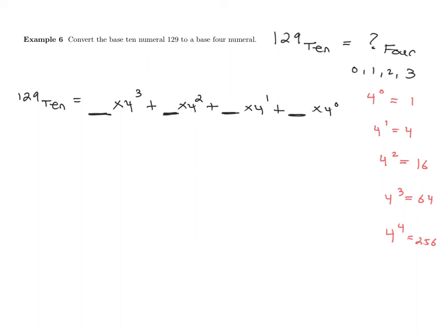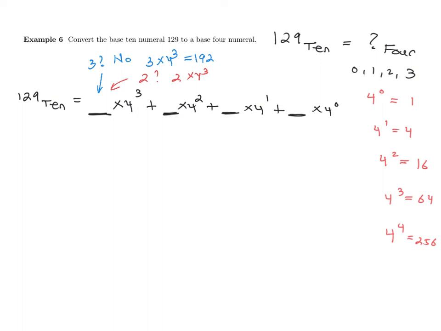So 3 times 4 to the power of 3 is 192. So the question is, could I put the number 3 here? And the answer is no, because 3 times 4 cubed is 192. That means we went too far. Can I use 2? Could I put a 2 in this spot? Well, 2 times 4 cubed, let me check that.